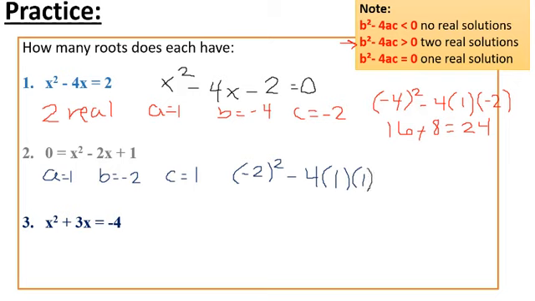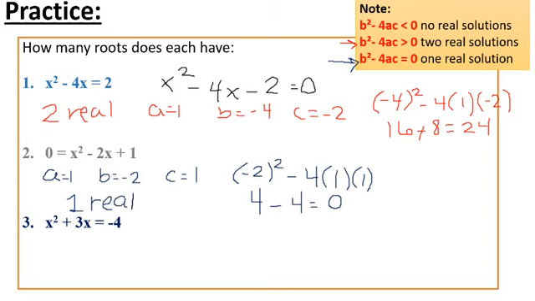All I'm doing is plugging those into the formula. Well, negative 2 squared turns into positive 4, minus 4 times 1, which is 4. Well, 4 minus 4 is 0. So in this case, there would be one real solution. So this would be 1 real.